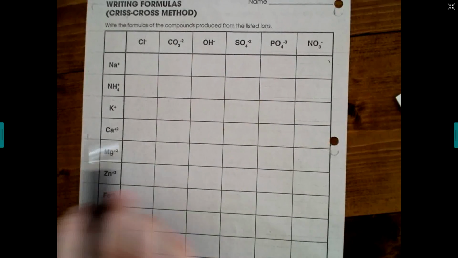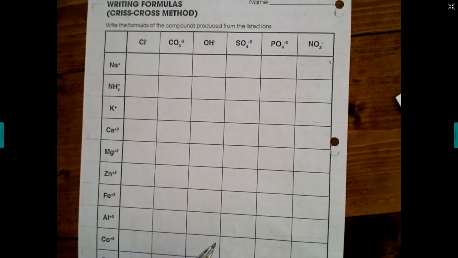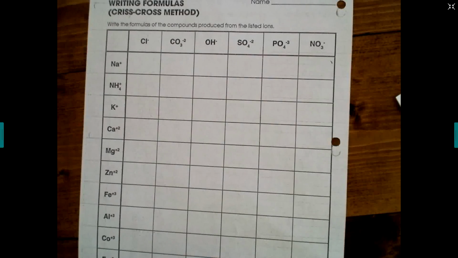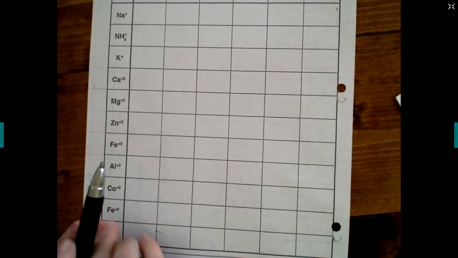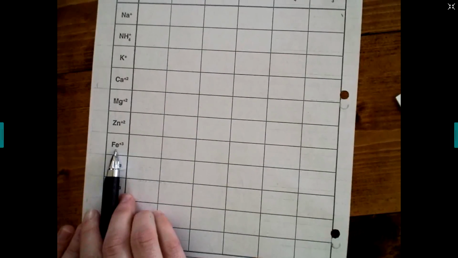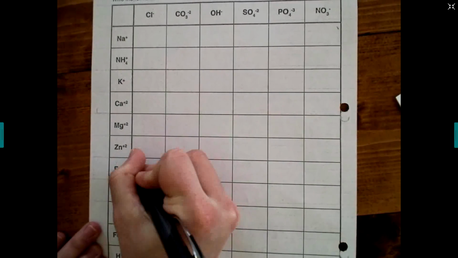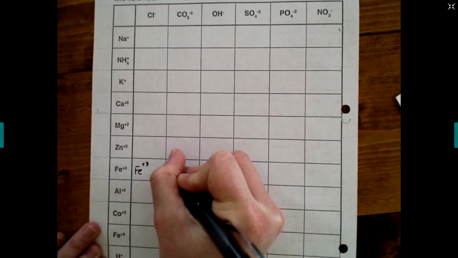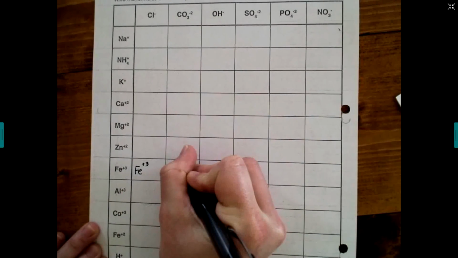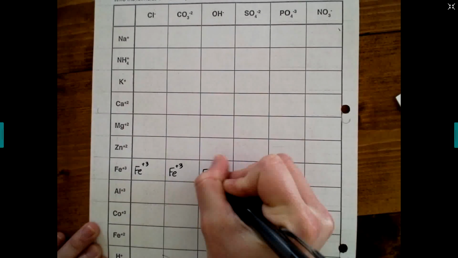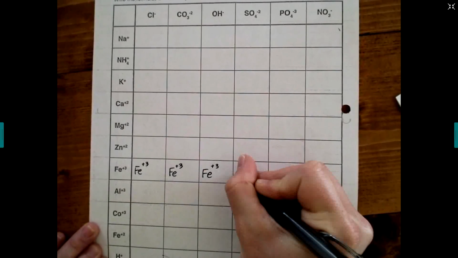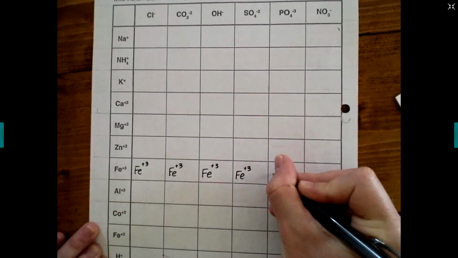We'll start with the back. We'll start with the crisscross method since that's what I just taught you how to do. And I want to do an example further down the page. So we'll do the iron with a +3 charge. So the way you're going to fill this out is you're going to put iron with a +3 charge all the way across in every single box on that row.